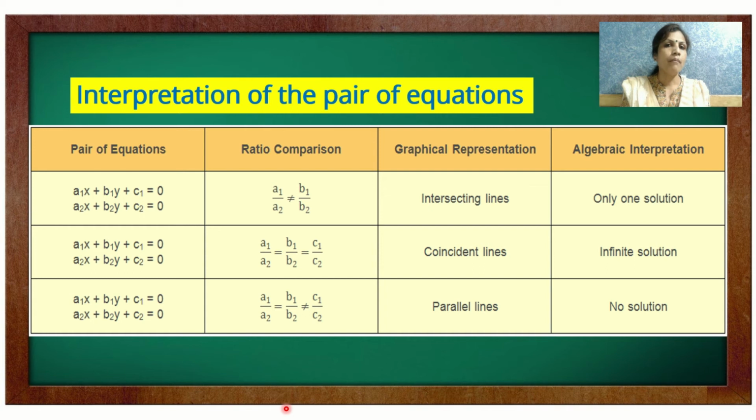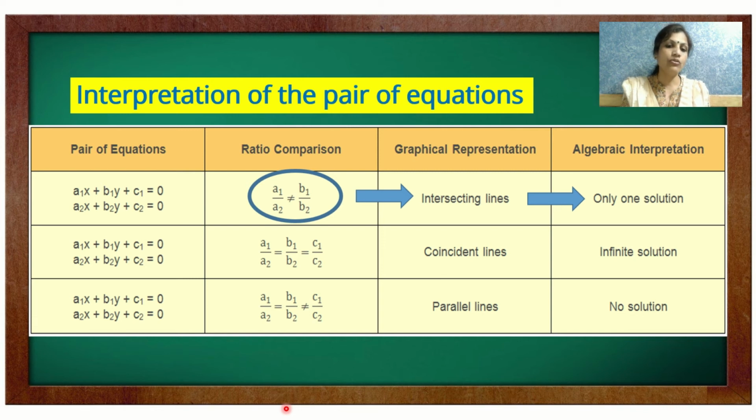Now, if you compare the given equations with the standard form, and if you get the ratios of A1 upon A2 and B1 upon B2 not equal to each other, the graph of the equations will be intersecting lines, and when the lines intersect each other, the given pair of linear equations will have only one solution.